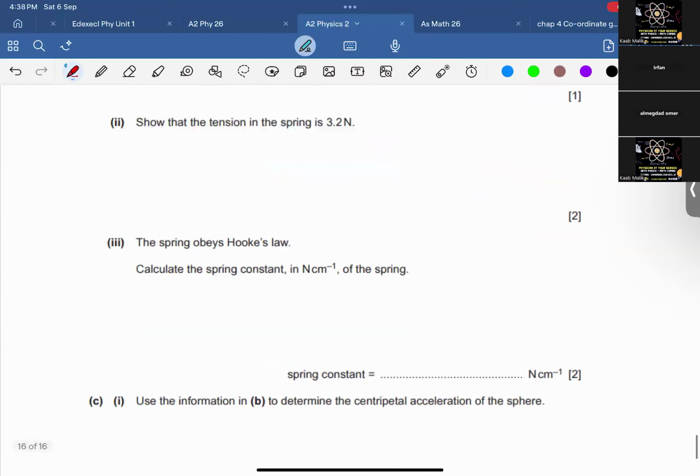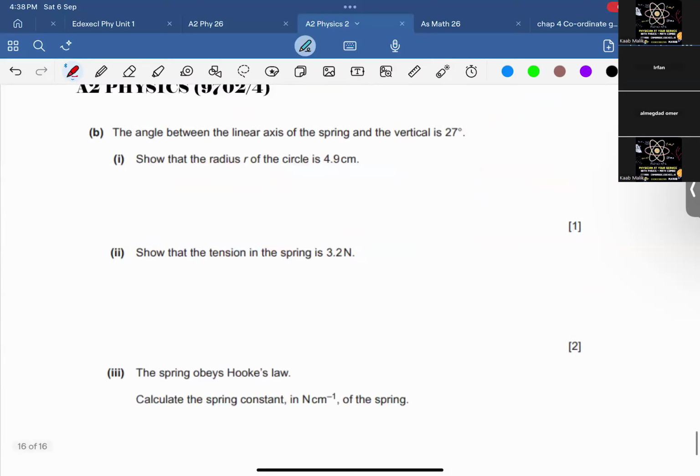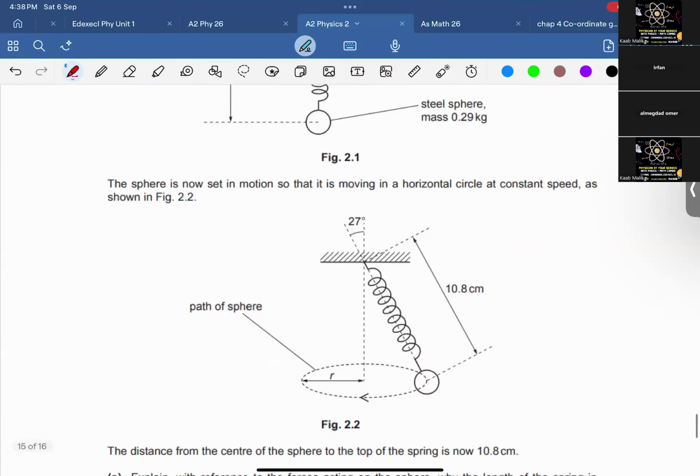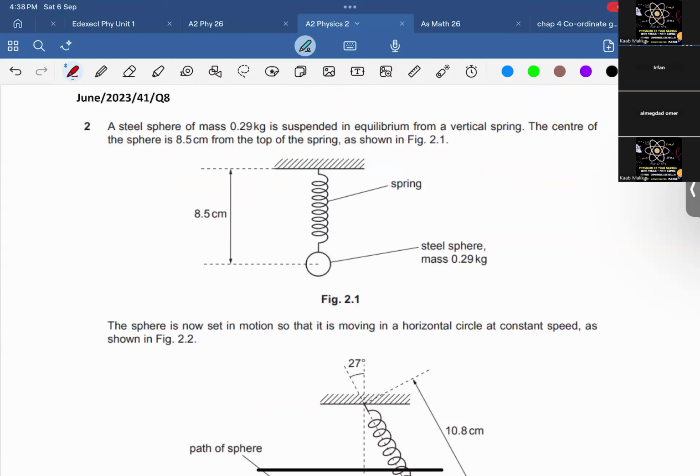Okay, last question. Can you please read it? A steel sphere of mass 0.29 kg is suspended in equilibrium from a vertical spring.